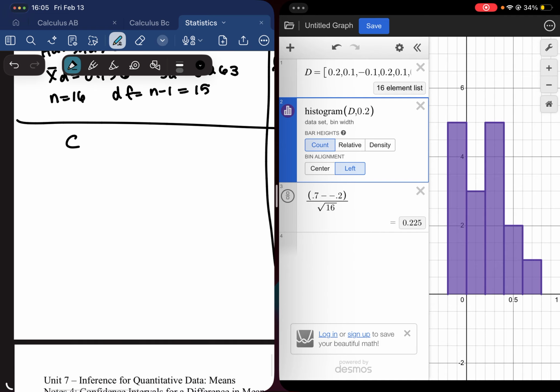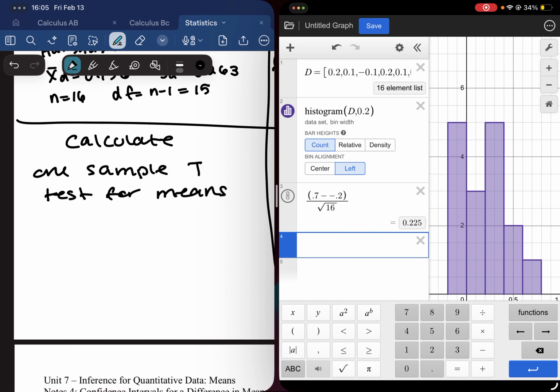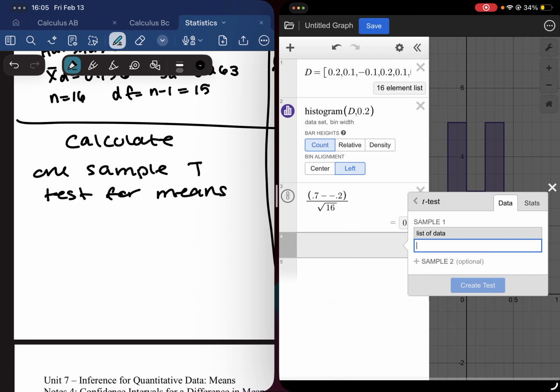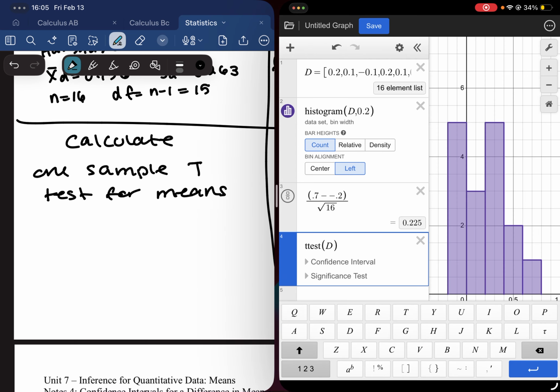And now on to calculate. We know that we're going to use a 1 sample t-test for means. So I'm going to go to inference, t-test, type in my difference, create the test.